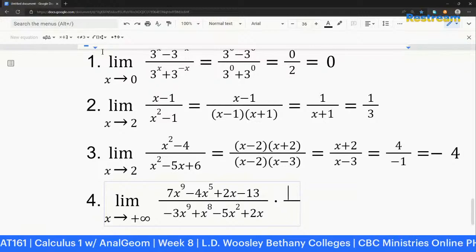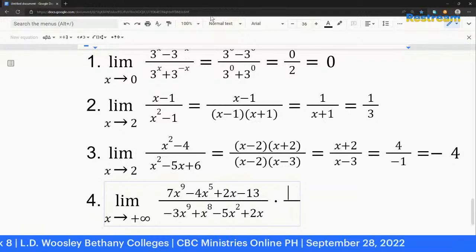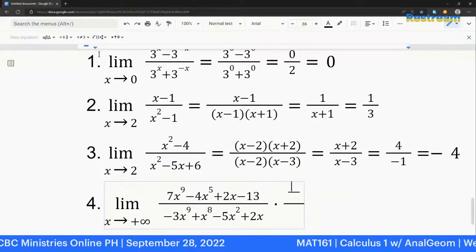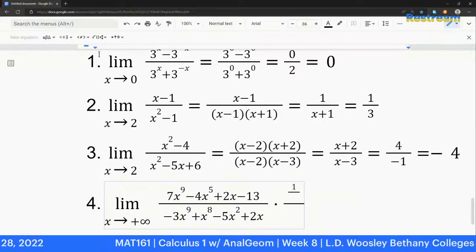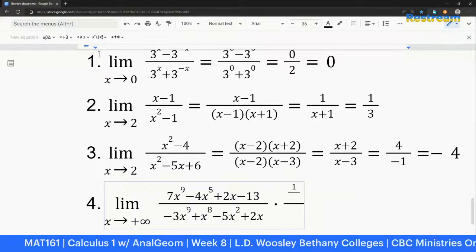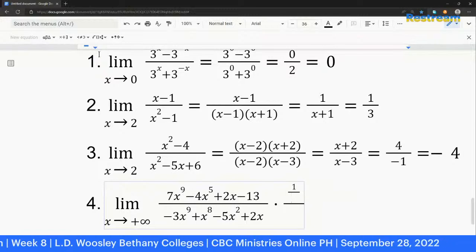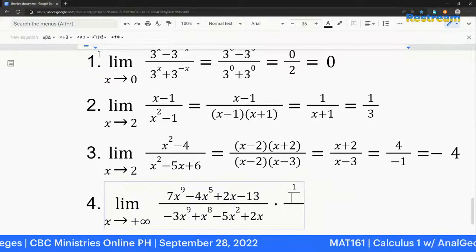Okay, what will you multiply? You divide both numerator and denominator by 1 over x po, sir. 1 over x lang.